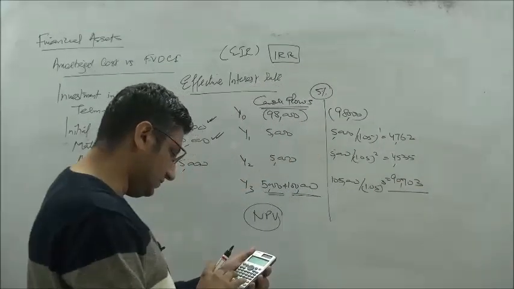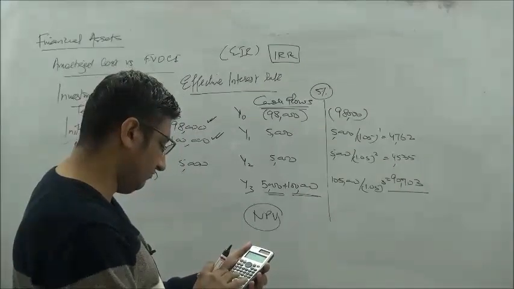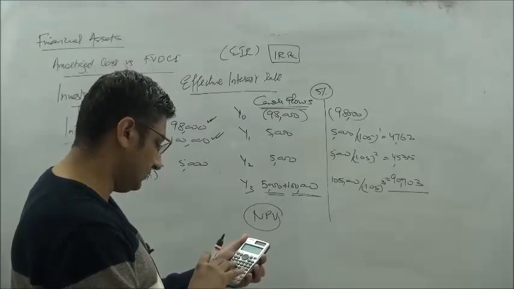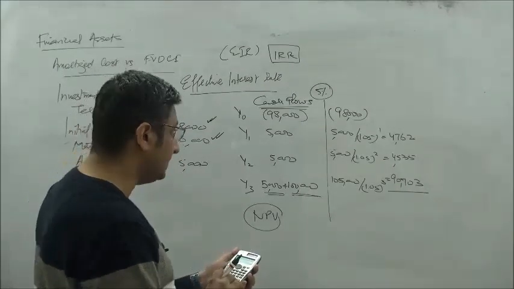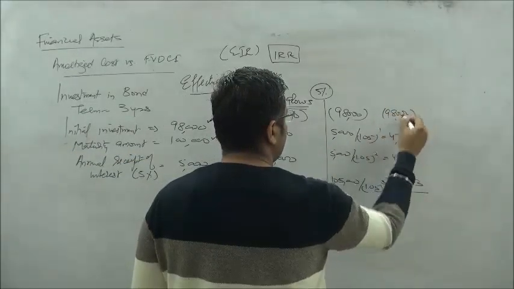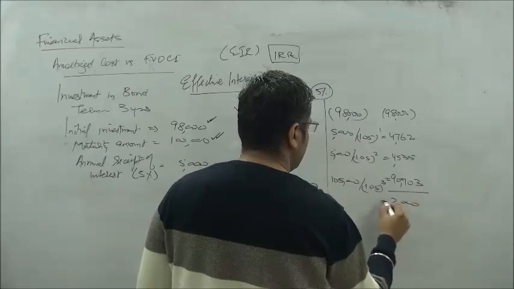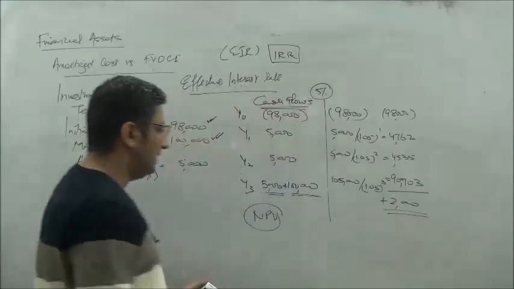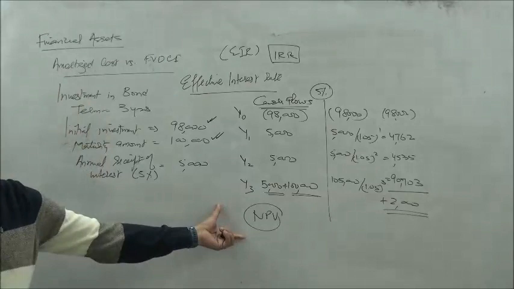So 90,703 plus 4,535 plus 4,762 has to be 100,000, and against that I take a negative 98,000. So this gives me a 2,000 positive, the present value of that.